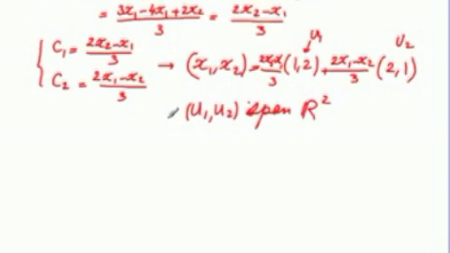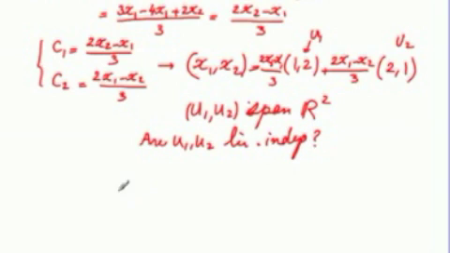Item number 2, we have to check, are u1, u2 linearly independent? How do you check that? The way you check it, you say, what combination of u1 and u2 is going to give you 0? Well, what is 0? 0 means 0, 0.